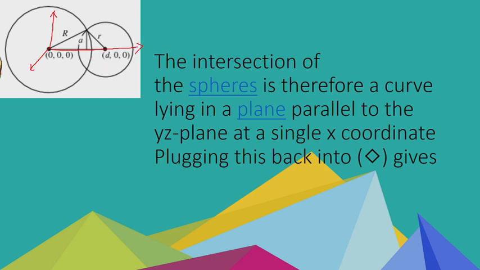If we draw the plane of this circle intersecting, this plane is actually parallel to the yz plane, right?